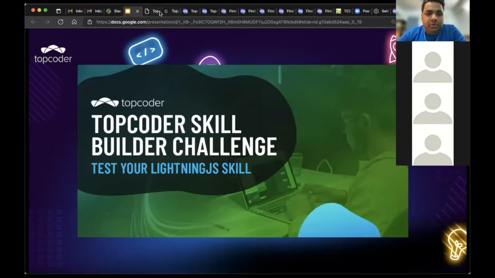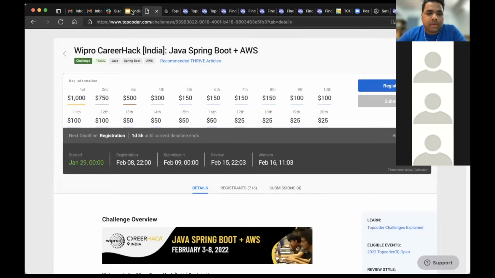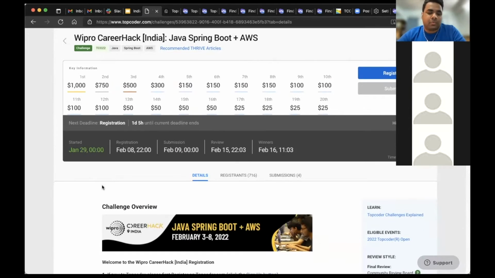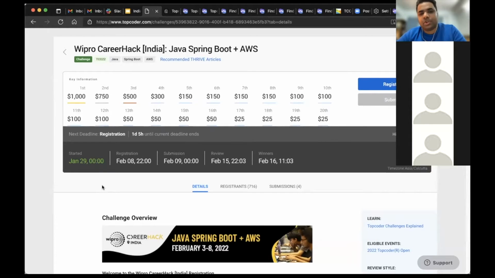So by the way, I think I didn't talk enough about the career hack, so I'll do that again. What Wipro is doing is using Topcoder to host a career hack, which is basically a career hackathon, where the goal is that they want to find as many potential hires as they can.